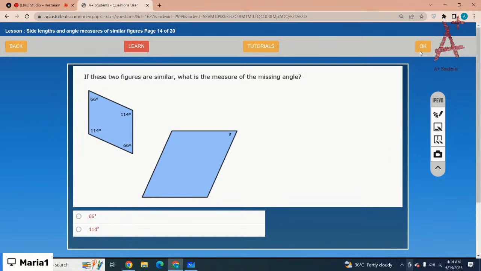Okay, if these two figures are similar, what is the measure of the missing angle? Very good. That would be 66. The correct option is 66.